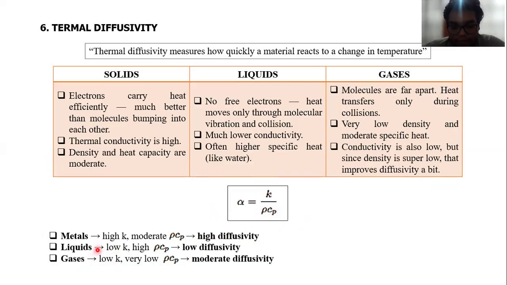In liquids, if we have low K and this one high, we are going to have a low diffusivity. And in the case of gases, we have low K and this one very low too. We have moderate diffusivity. So this is a simple analysis of this formula, okay?